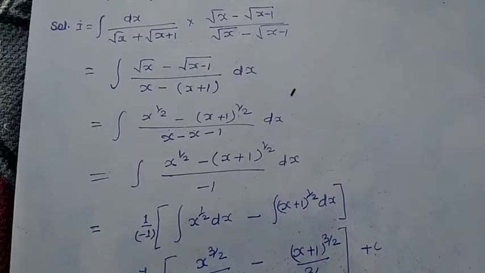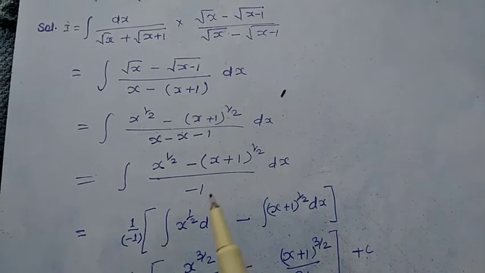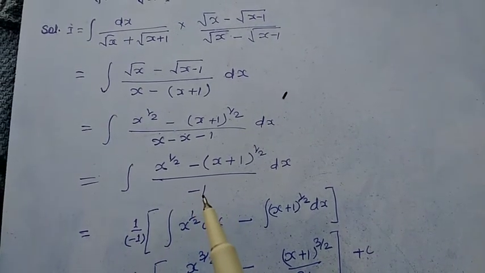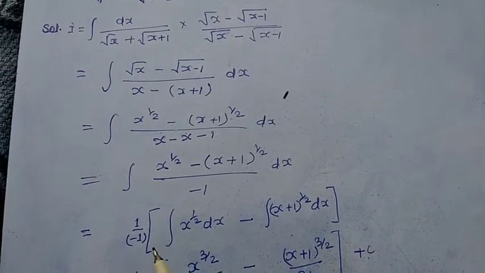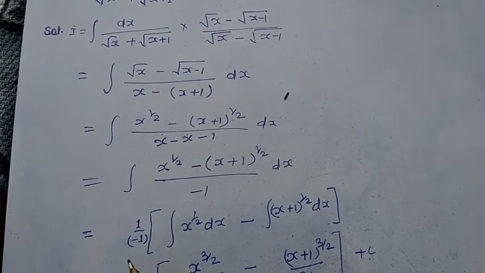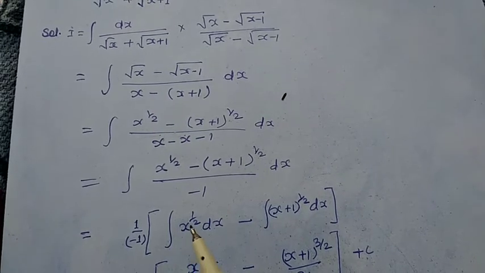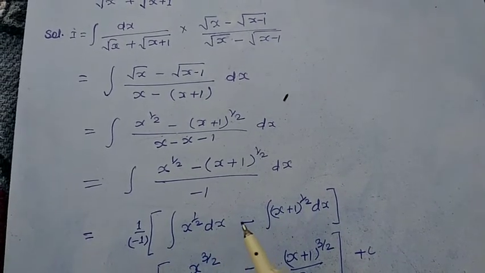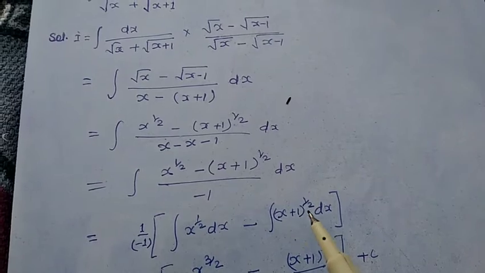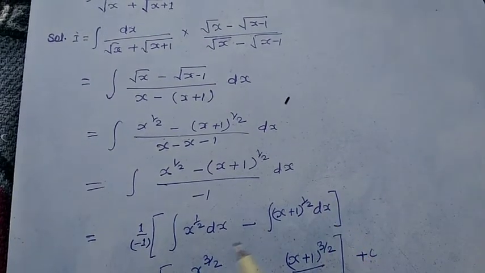In the next step we have taken common 1 upon minus 1. So here you can see we have written 1 upon minus 1 into integration of x to the power half into dx minus integration of x plus 1 to the power half into dx.